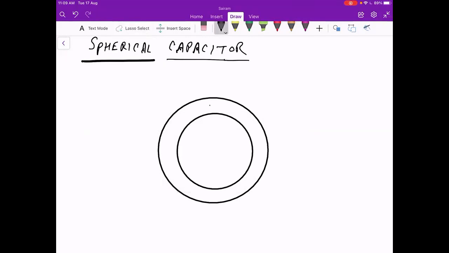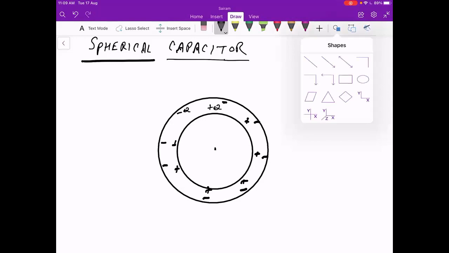So this one has, let's say, plus Q on it, and this one will have minus Q on it. Let's call this radius R1 and the other one R2.